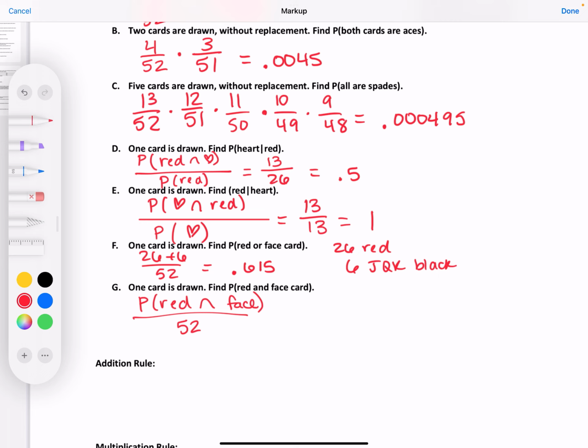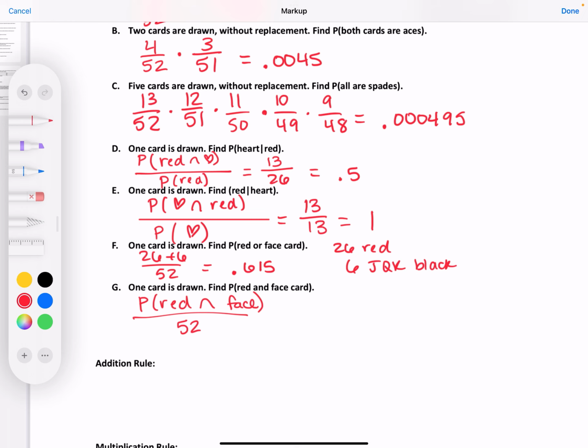So basically you're looking for how many cards that are red are also faces. So it's 26 reds, but how many of those are faces? 6.